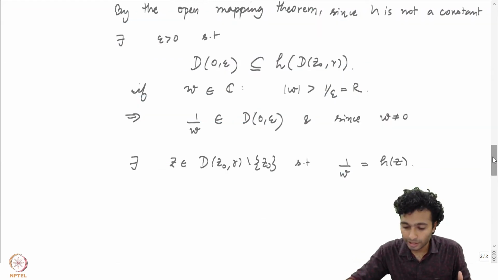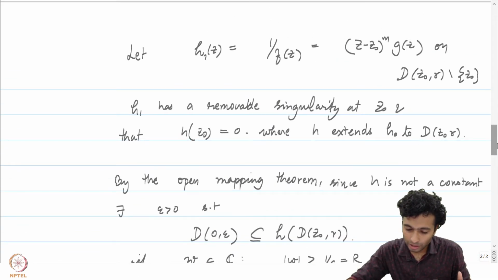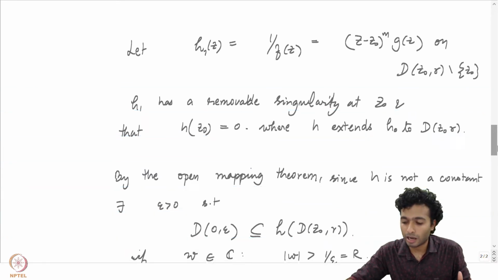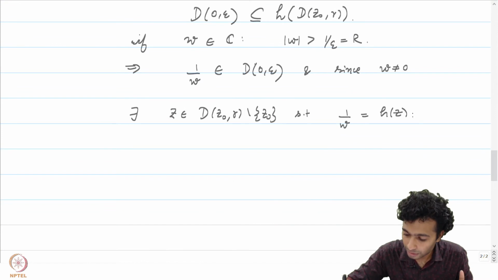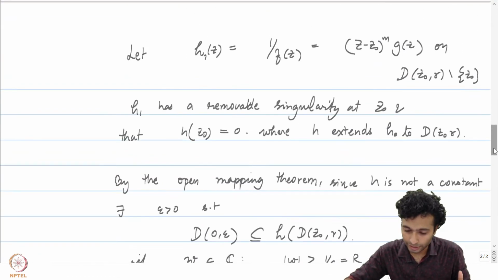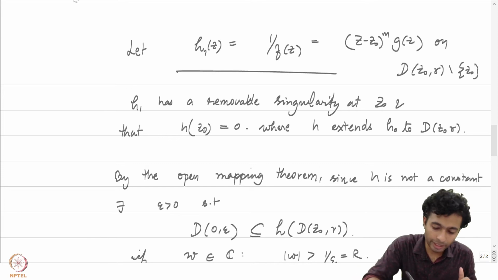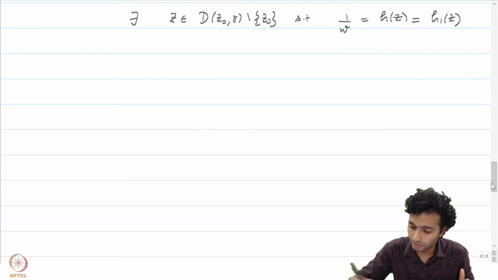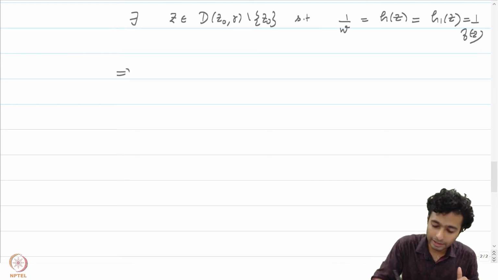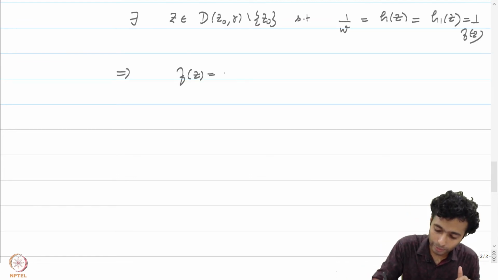But now let's go back to the definition. What was our h? Away from z0, this is nothing but h1 of z. And h1 of z is just 1 by f of z. This implies that f of z is equal to w.